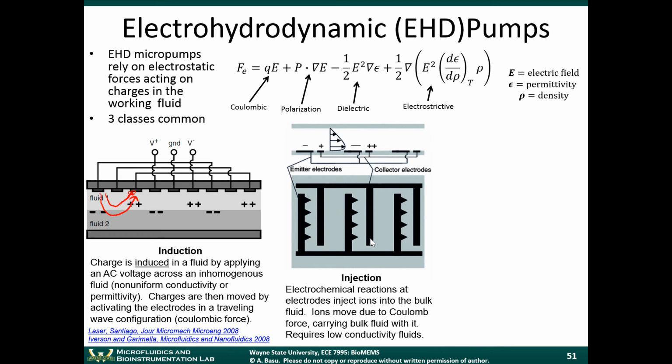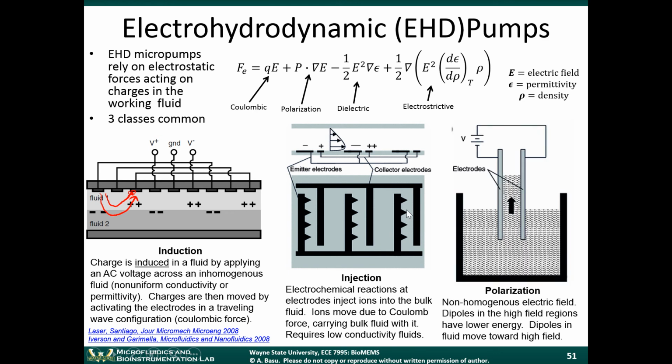In that case, something like this could possibly work. A lot of these electrohydrodynamic pumps are not really used too much in lab-on-a-chip type applications yet, at least in commercial ones. There have been some papers reported in the research areas, but they're interesting just from a mechanistic standpoint.